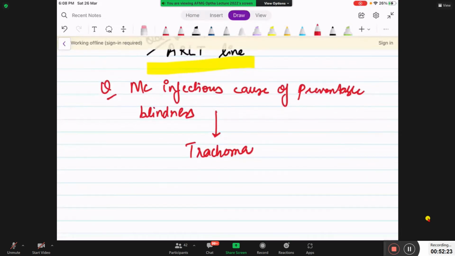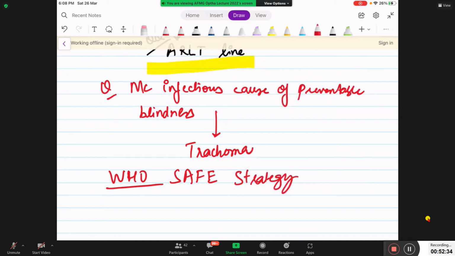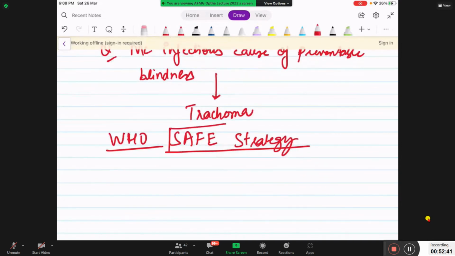Okay. Now next, write down WHO's SAFE strategy for trachoma. So the treatment. SAFE, you have to remember SAFE strategy, where S stands for surgery, A stands for antibiotic.